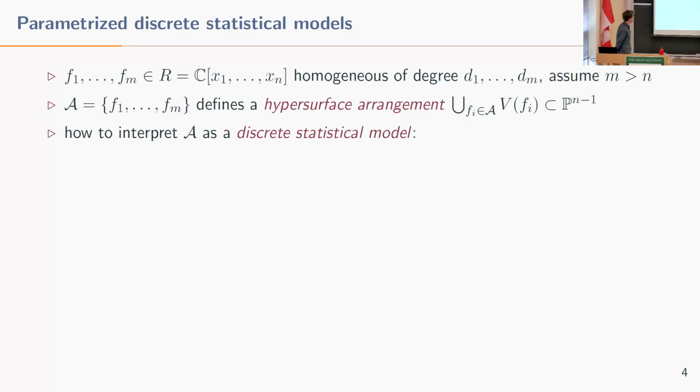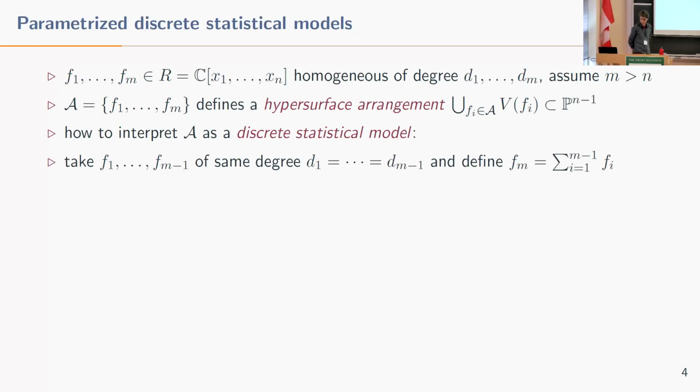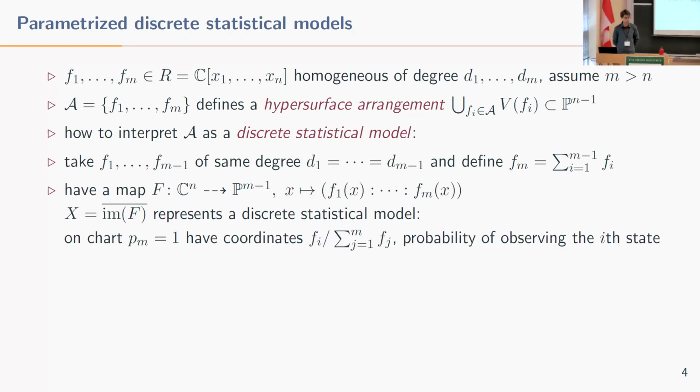Now, how do I interpret this as a discrete statistical model? If I take Fi of the same degree, and I only consider the first m-1 polynomials, and then I set the last polynomial to be equal to the sum of all the previous ones, then I have this map to projective space, which takes an x and evaluates it at all these polynomials.